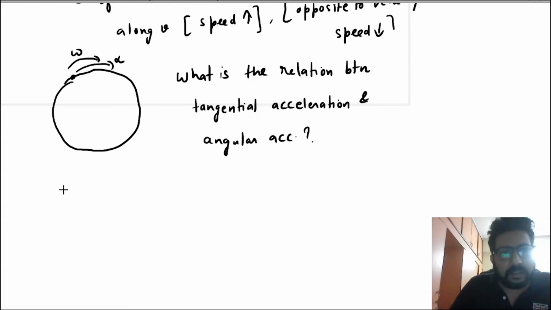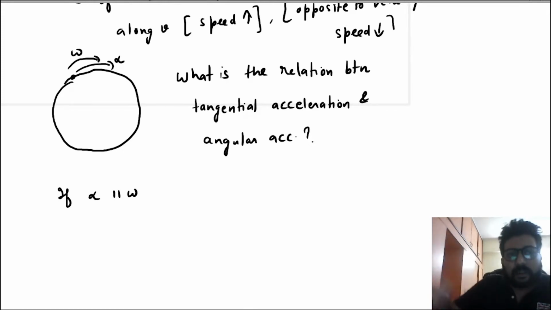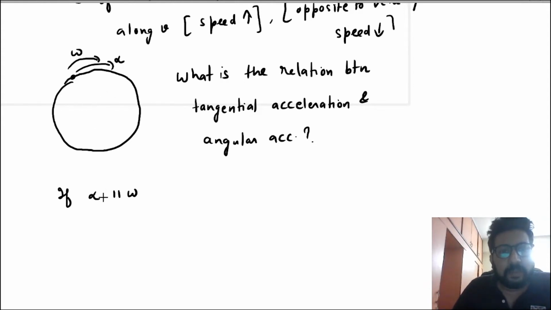Direction of alpha is also found by curling the fingers along the circle. If the curl is the same as the curl of angular velocity, then they are in the same direction, that is, they are parallel. In this case both are inside the plane of the paper, so they are parallel.